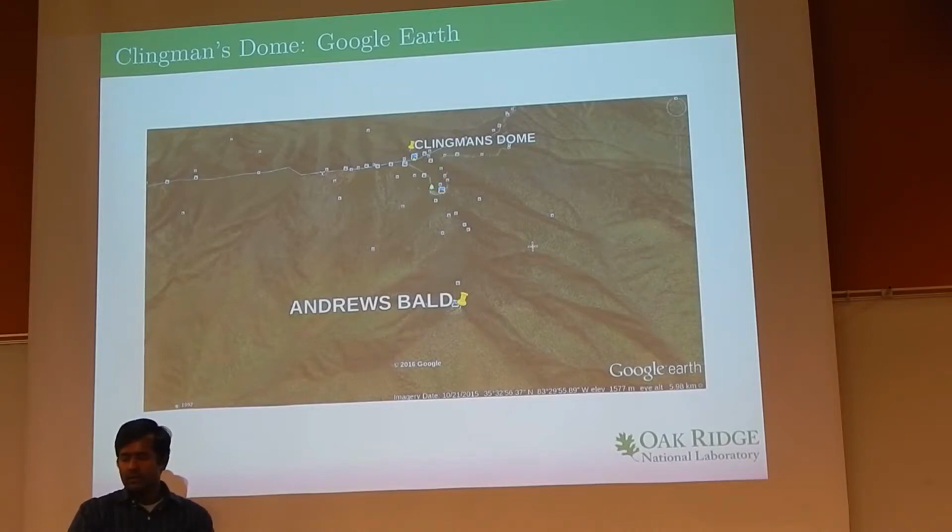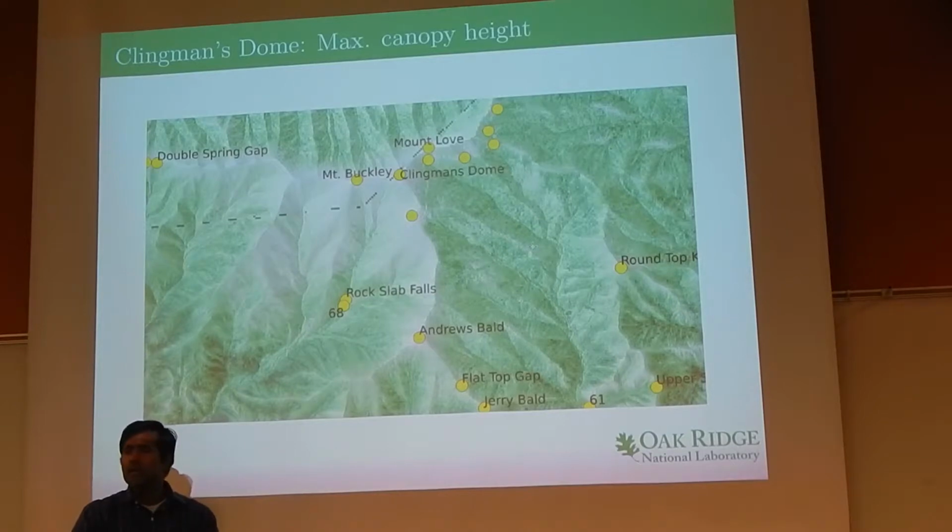So this is just a Google Earth zoom in at Andrews Bald, and you can start to see high elevation areas that have low vegetation. This is the canopy height product that we are looking at. At a higher elevation in the park, we have low vegetation. As it starts to go down, especially with the south-facing slopes, you see significantly taller vegetation, and you can start to see these patterns that emerge.